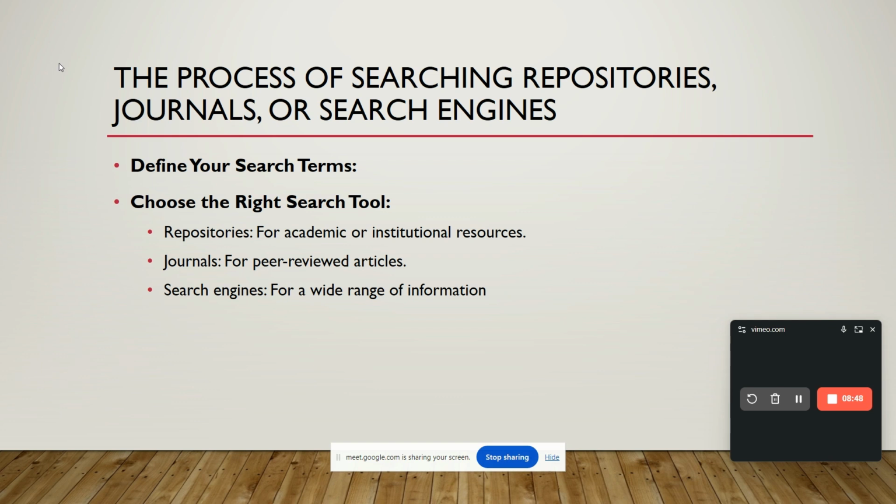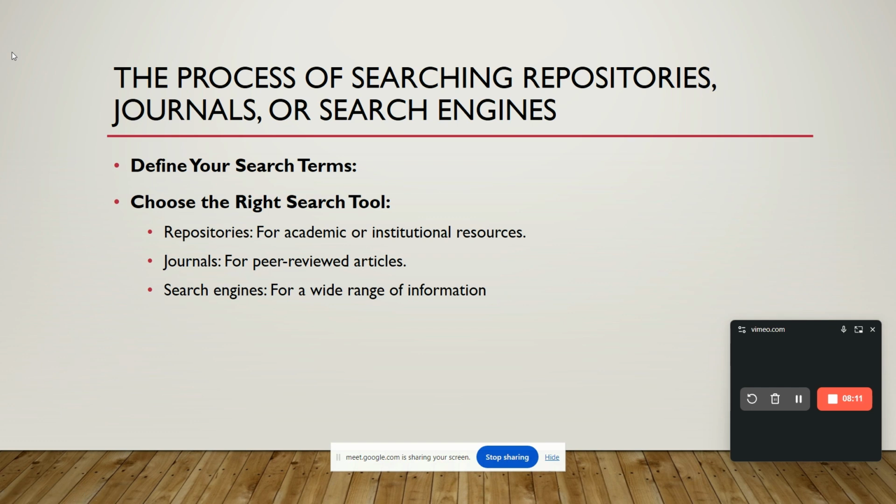So I mentioned repositories, I mentioned journals, I mentioned search engines. So it's also important for me to know what information I am looking for. For repositories, general academic information or institutional resources, I find them in repositories. So for example, if I want dissertations, I can get them in an institutional repository.